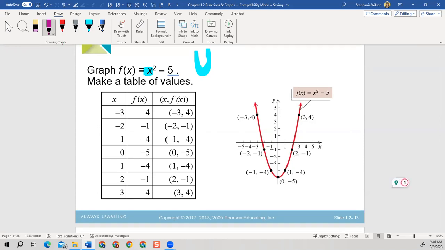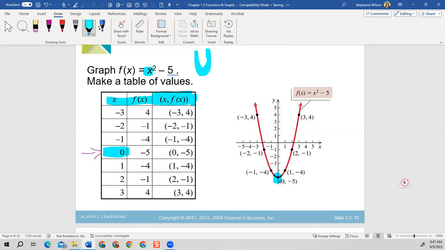Now, what we're going to do is figure out where to plot it. Well, the first thing you could do is look for the y-intercept, and they created an XY table here. I like how they did this last column as an ordered pair. Sometimes that's very helpful. I like to pick the values that are the easiest to pick first. If x is 0, then I know it's going to cross my y axis somewhere.